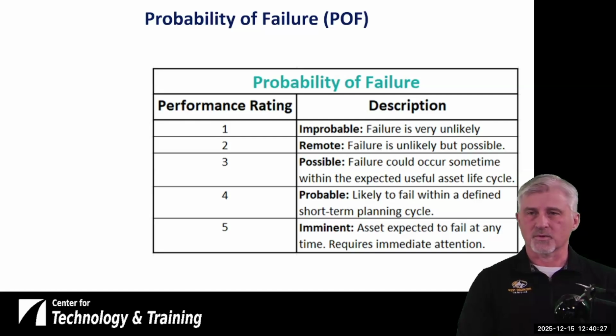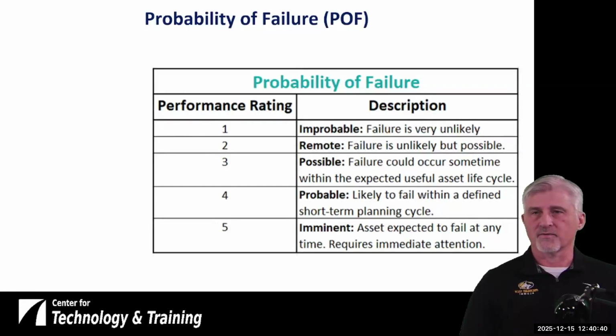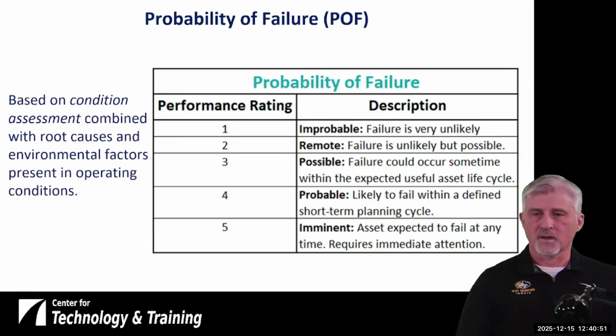It could be a situation where we know it's going to fail at any time, and that's going to require an immediate response. So if it's improbable, it's going to have a low number. If it's imminent, it's going to have a high number. And then we have other factors in between. Remote, so there's a remote chance. It's possible, it's probable, and on to imminent as we go down there.